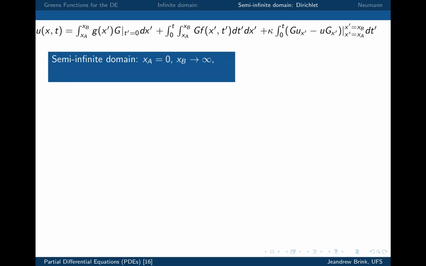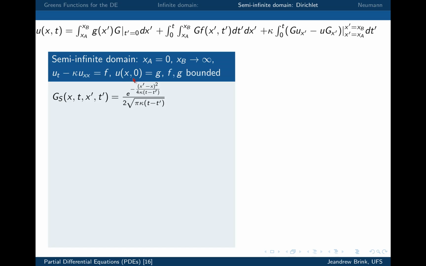We're going to move a from infinity to 0, and we're still going to have b go to infinity. And then the problem statement is basically the same: the heat equation, initial condition g, f and g bounded, and we are going to now use this full expression, which I've put at the top over there, and we want to construct a Green's function that obeys the properties we have previously.